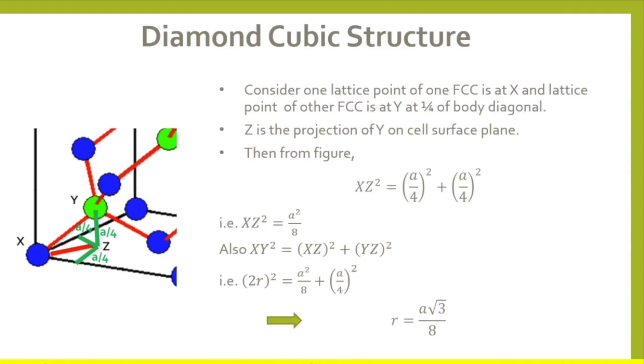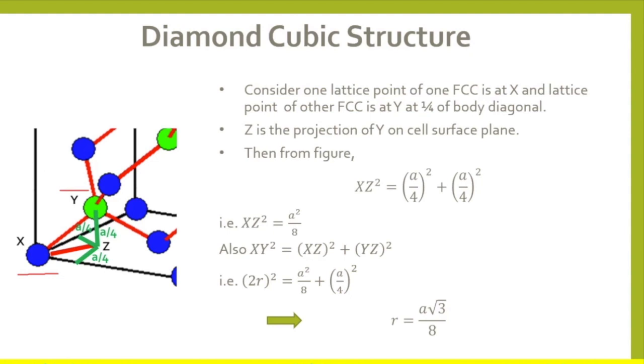One FCC lattice has the origin at 0, 0, 0, while the other is at a/4, a/4 and a/4. So if the lattice point of one FCC is at x and the lattice point of the other FCC is at y, then the coordinates of the y lattice point will be a/4, a/4 and a/4.